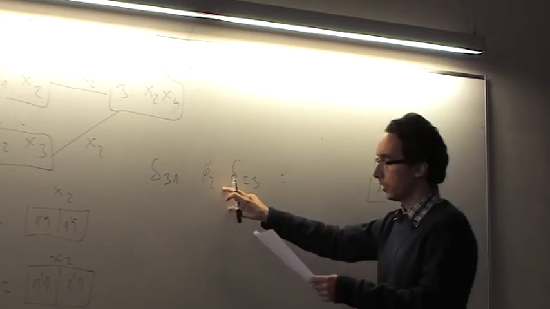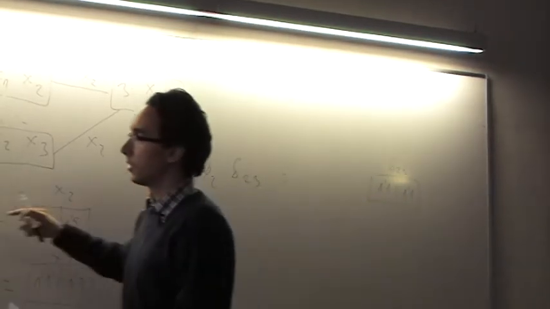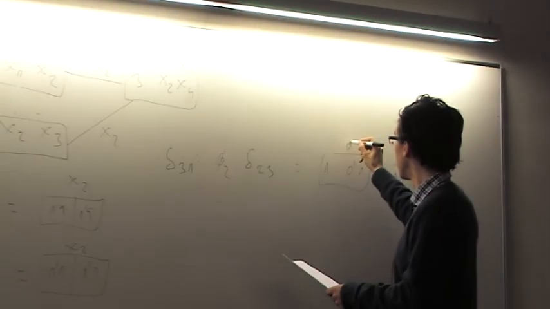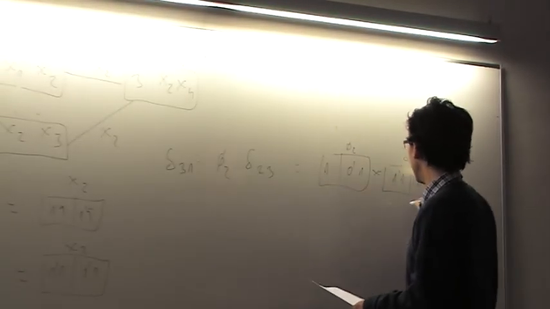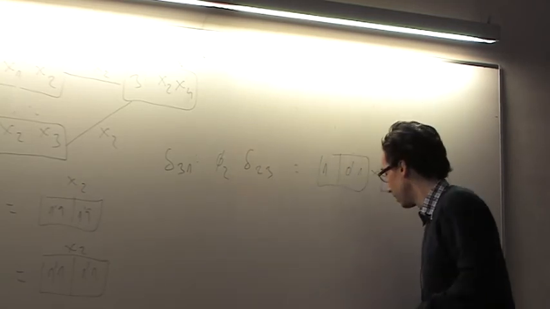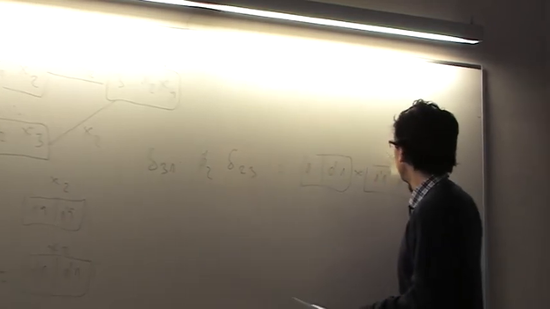And then I have the value of this factor, which takes values 1, 0, 0, 1. Sorry, it is better to show it like this. This is x2.